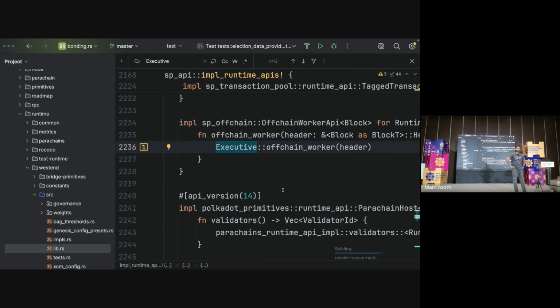That is on the client side. From the runtime side, you don't care about forks or finalization or stuff. You're just creating a block. It's just one computer. And all this finalizing of blocks is on the client side. Okay.